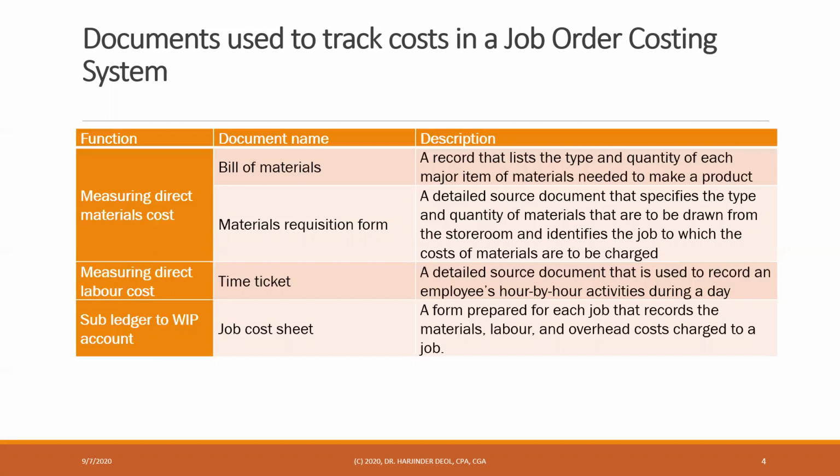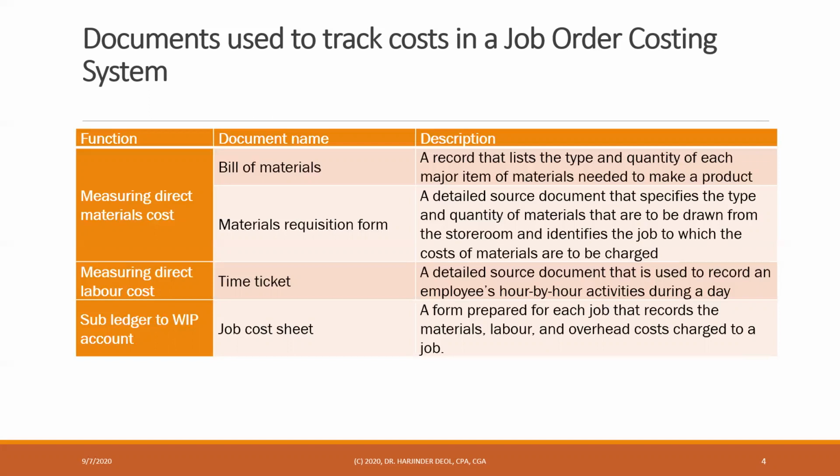Both the bill of materials and the materials requisition form help in keeping track of direct materials cost. Next up, we have the time ticket, which is a source document that's used to record employees' hour-by-hour activities during a day, and it helps keep track of direct labor cost.